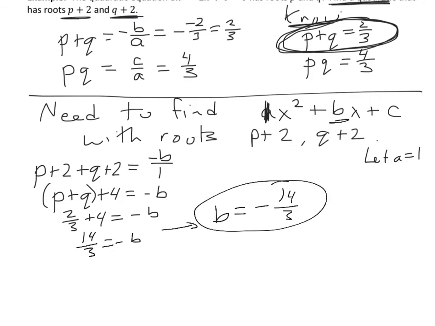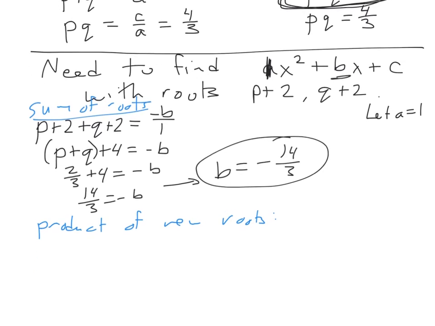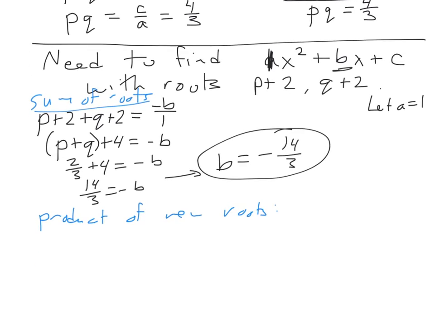Awesome. Now, let's look at this for the product of the roots. So first we looked at the sum of the new roots. Now let's look at the product of the new roots. As we continue, the product of my new roots is going to be p plus 2 times q plus 2.